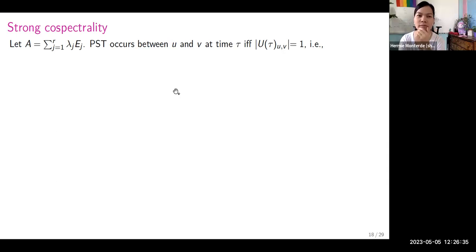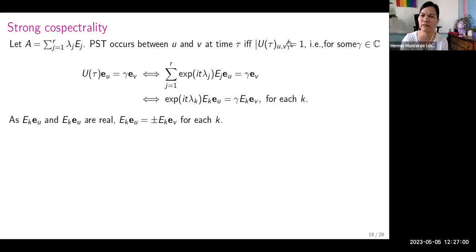I'm going to bring out some combinatorics and graph theory after I discuss a few concepts here. First, strong cospectrality. There's been a bit of work on this topic recently. If we have perfect state transfer between two vertices, that's equivalent to this occurring at some time t.